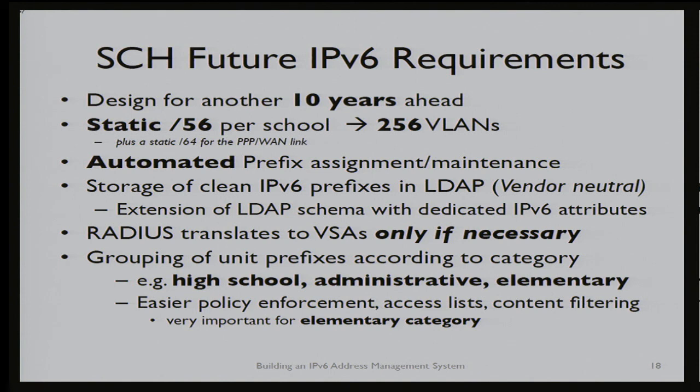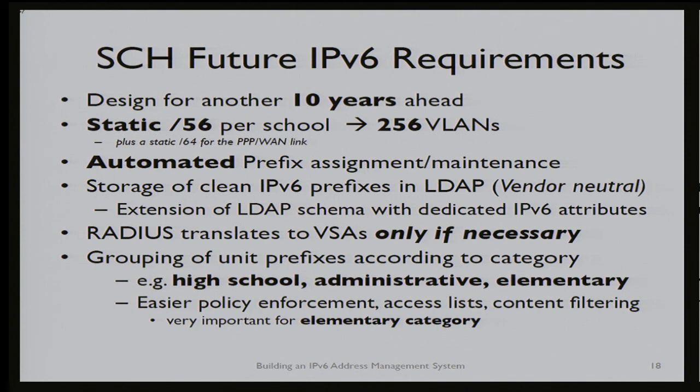And this time we'll group our units into 3 categories: high schools, elementary schools, and administrative units, and we'll assign from different prefix pools per category. This is going to become very handy in the case of policy enforcement and content filtering.